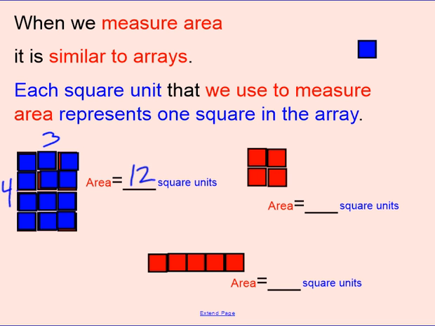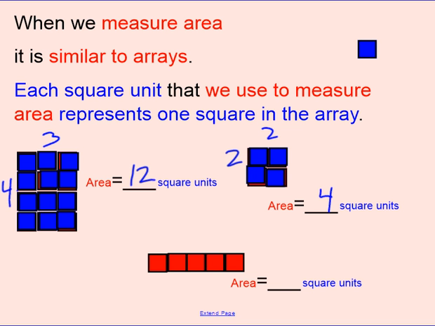And here is another shape we have here. This one is a 2 by 2. So that's 2 times 2, which equals 4 square units. And here there's a connection between the arrays for multiplication and measuring area.